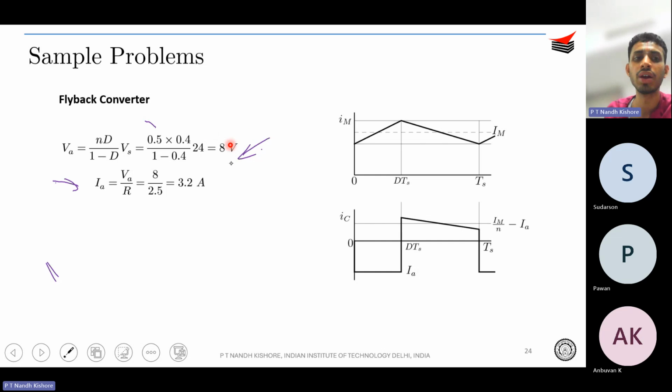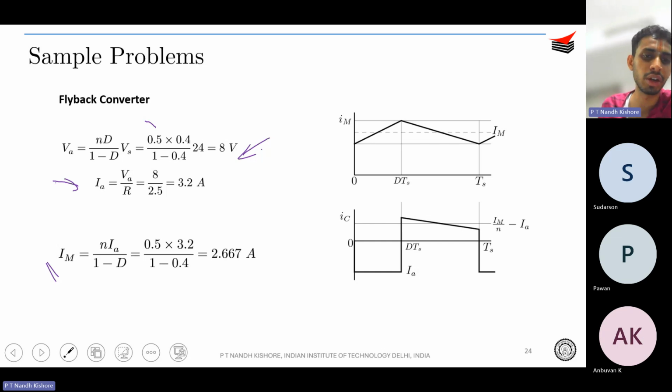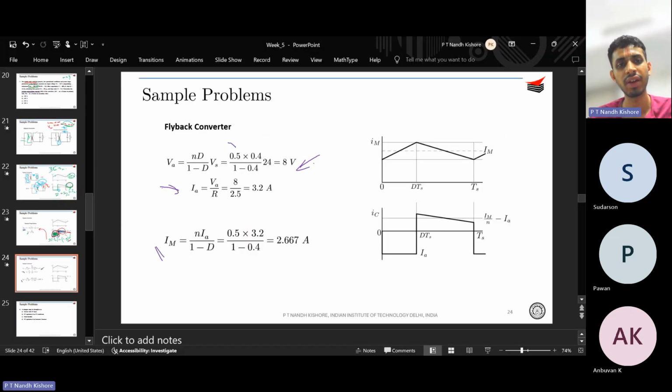Calculate what is Va, and then Ia is going to be Va by R. Therefore, Im is going to be n into Ia by 1 minus D. Okay, so is this fine? We have just used the transformation ratio of the flyback converter and then substituted in Im.